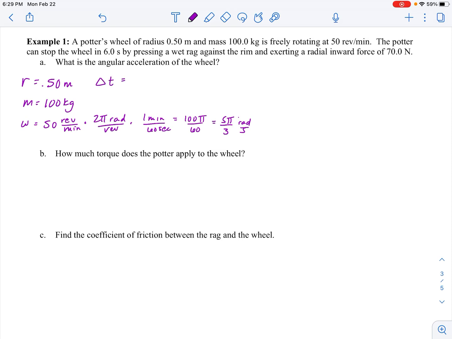The potter can stop the wheel in 6 seconds by pressing a wet rag against the rim. Okay, so we've got a change in time, 6 seconds, and exerting a radial inward force of 70 newtons. What is the angular acceleration of the wheel? Now we have more information than we need to determine the angular acceleration of the wheel, but later on we're going to figure out the torque.